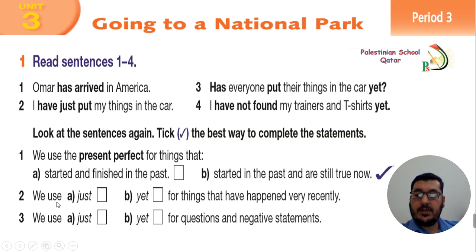Number 2, we use just or yet for things that have happened very recently. Okay, we use just. And number 3, we use just or yet for questions and negative statements. That's right, we use yet.